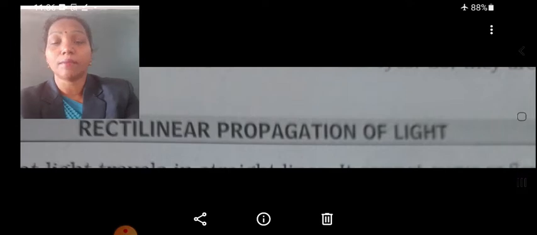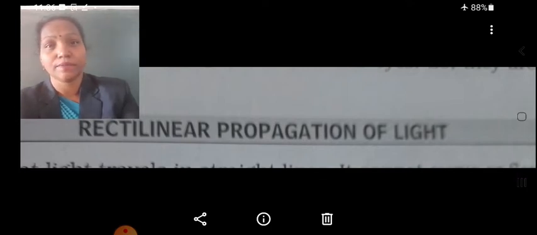All these are examples of luminous objects. We learned about non-luminous objects. Those are objects that cannot produce their own light.